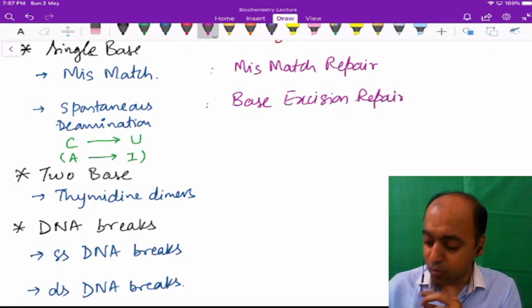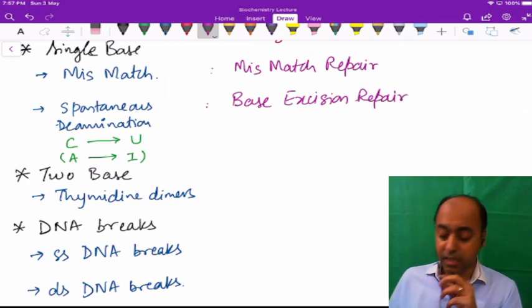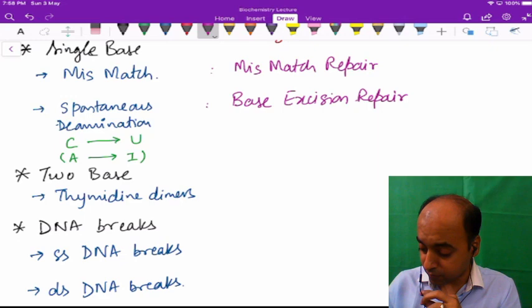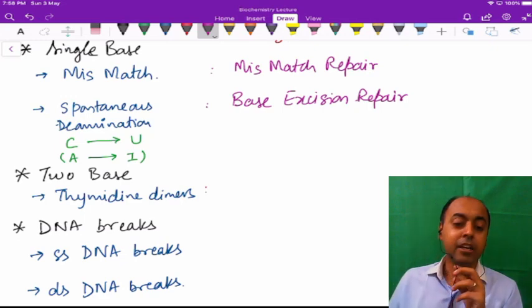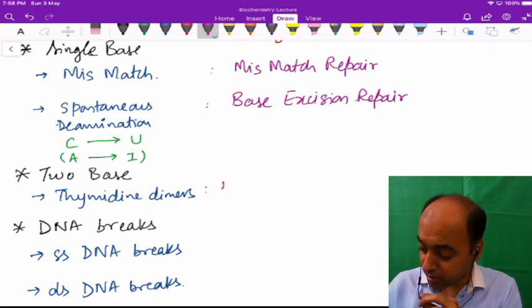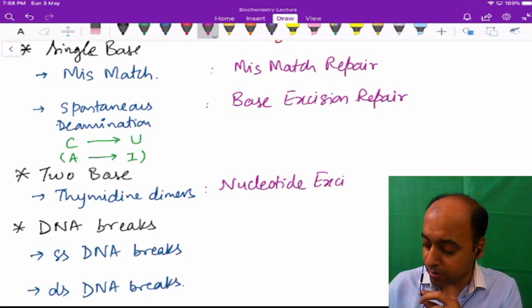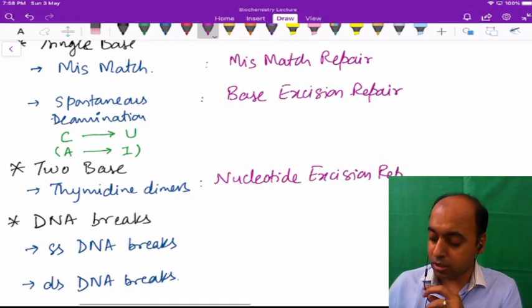For thymidine dimers, we have the nucleotide excision repair.